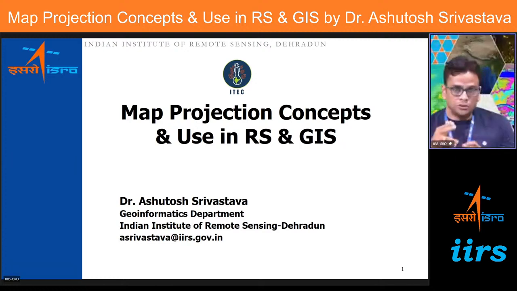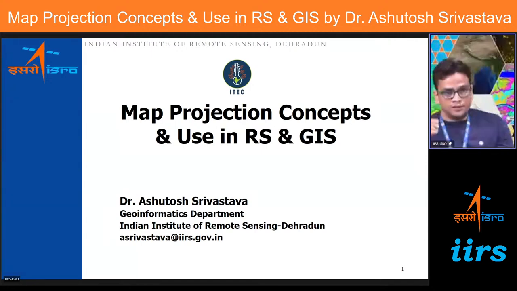Now, there are two things. The first thing: if this information is in digital form, either a raster layer or vector layer, then you can directly bring it into the GIS environment and use it in GIS software.